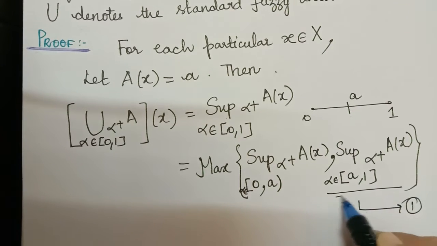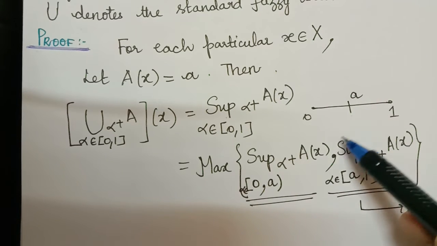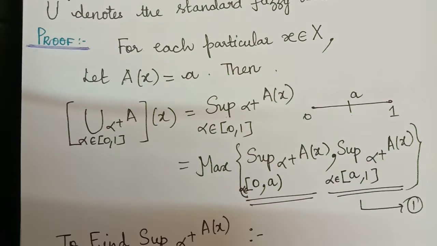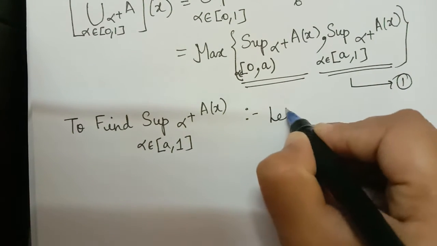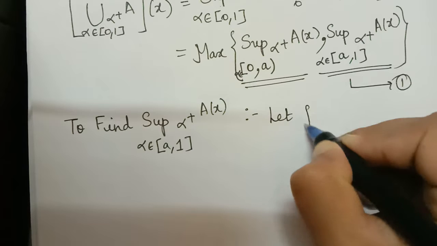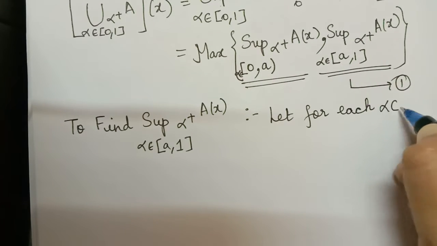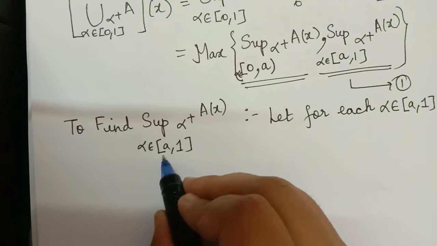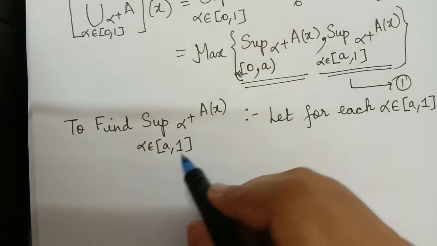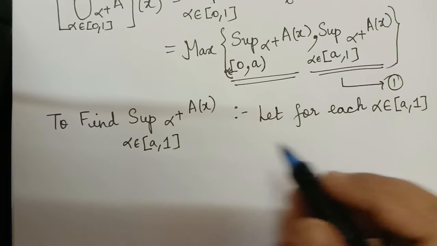We shall evaluate these two separately and substitute here. So first we shall evaluate this. Let alpha be an element of the closed interval [a, 1].